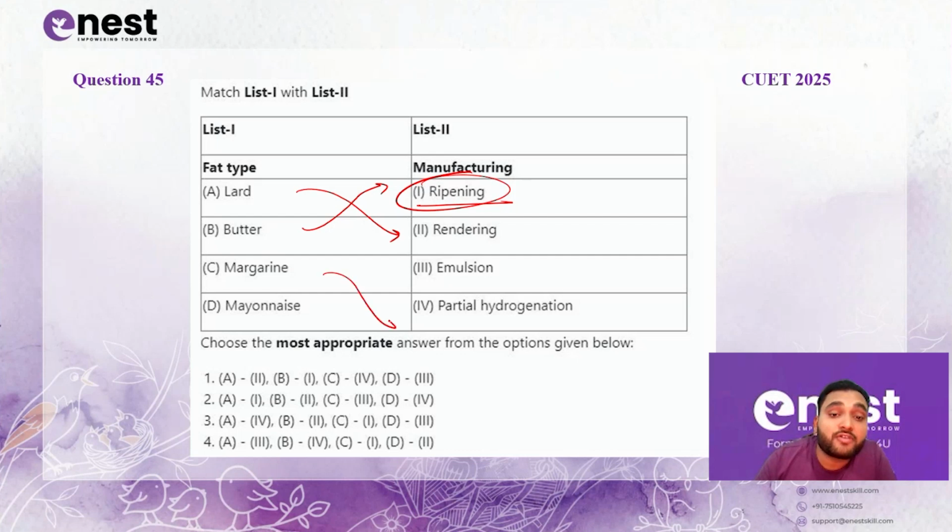Margarine is prepared from vegetable oil by partial hydrogenation, and mayonnaise is an emulsion made from eggs and oil, and if not eggs then vinegar and oil. So A goes for 2, B goes for 1, C goes for 4 and D goes for 3. That means first, if we properly match, is the right option for this question.